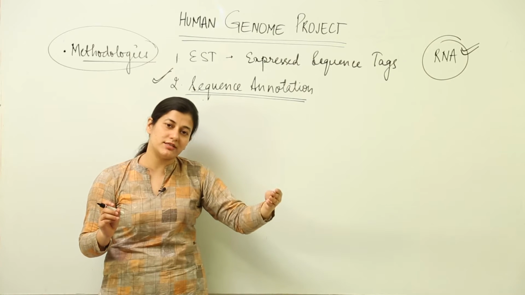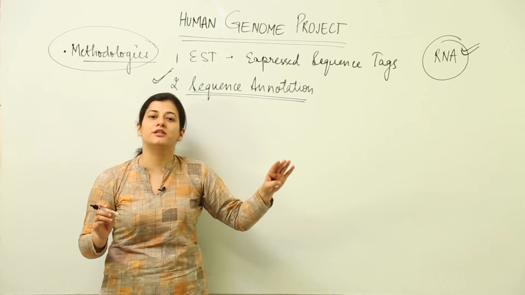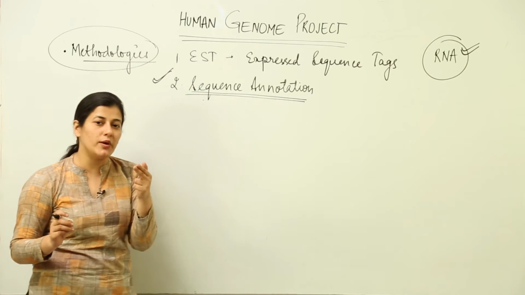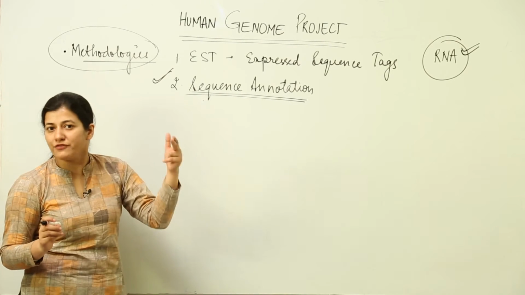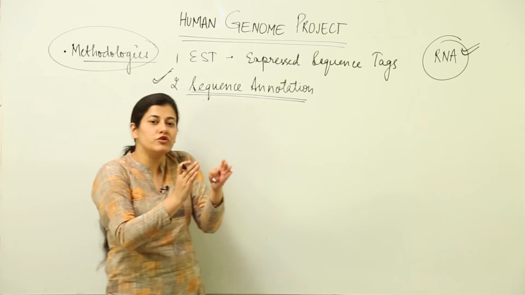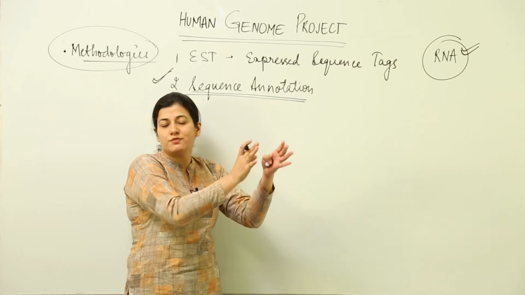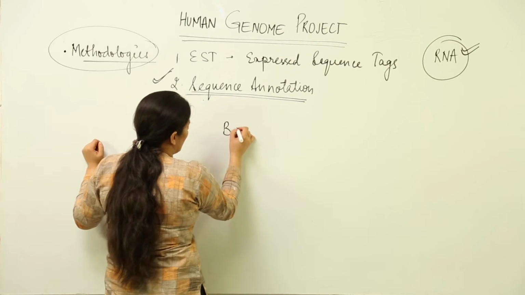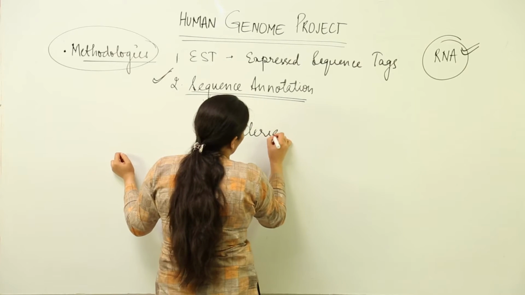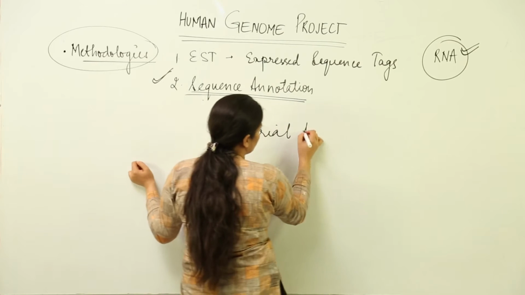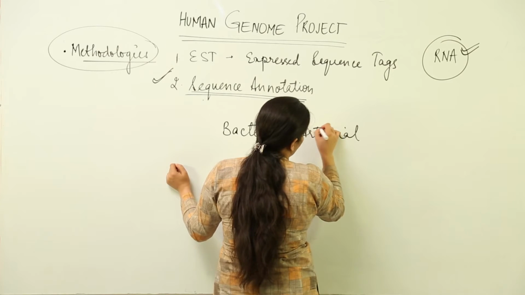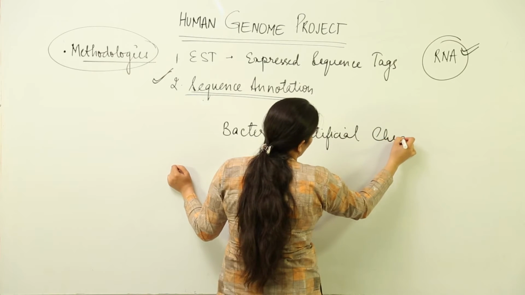Now, again I would repeat it, irrespective of whether it is being expressed or not expressed, the sequences would be cut into small fragments, then they would be cloned in specific vectors which are bacterial artificial chromosome and yeast artificial chromosome, otherwise abbreviated as BAC and YAC.